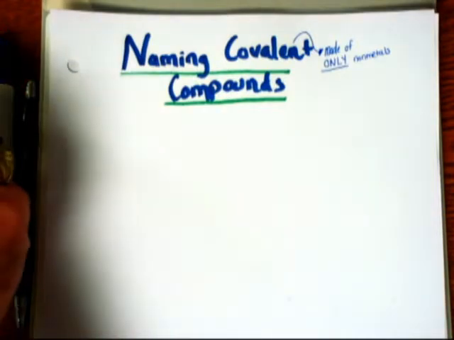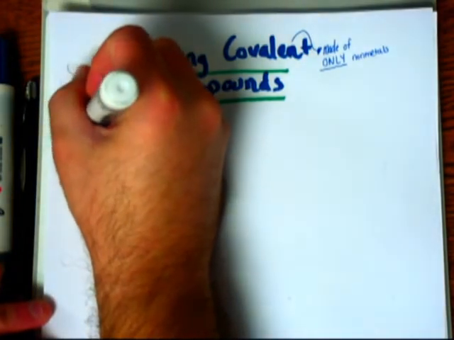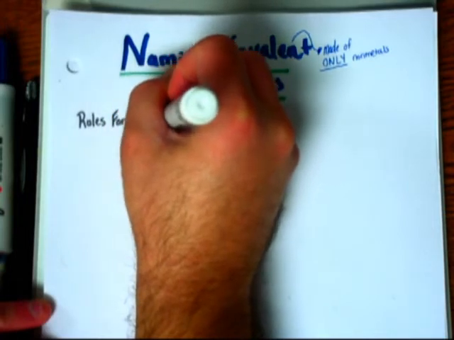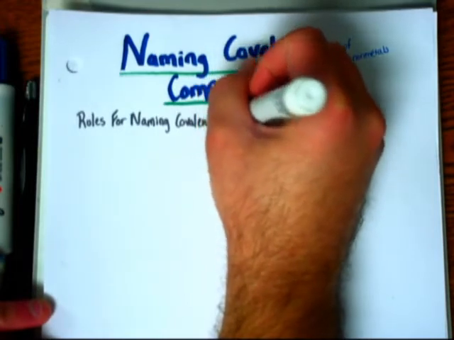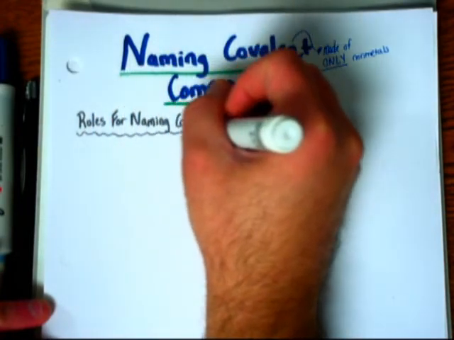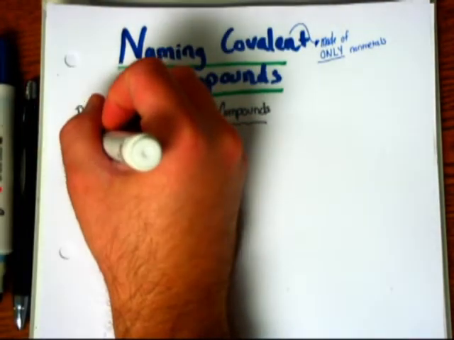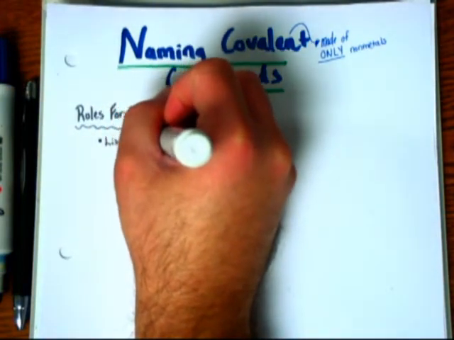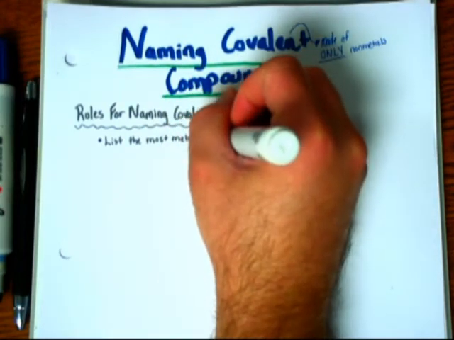Now I'm going to go over some simple rules for naming. So here they are. These are the rules for naming covalent compounds. Rule number 1 is that you always list the most metallic nonmetal first.